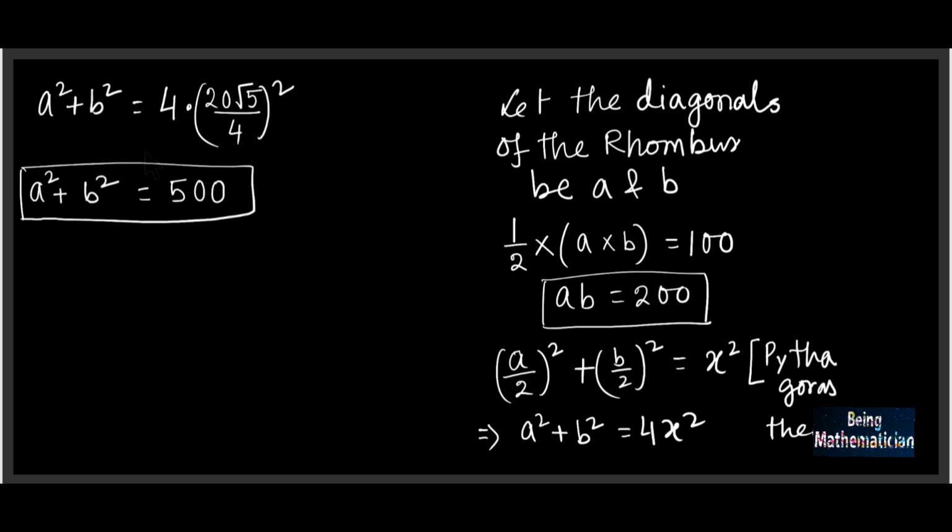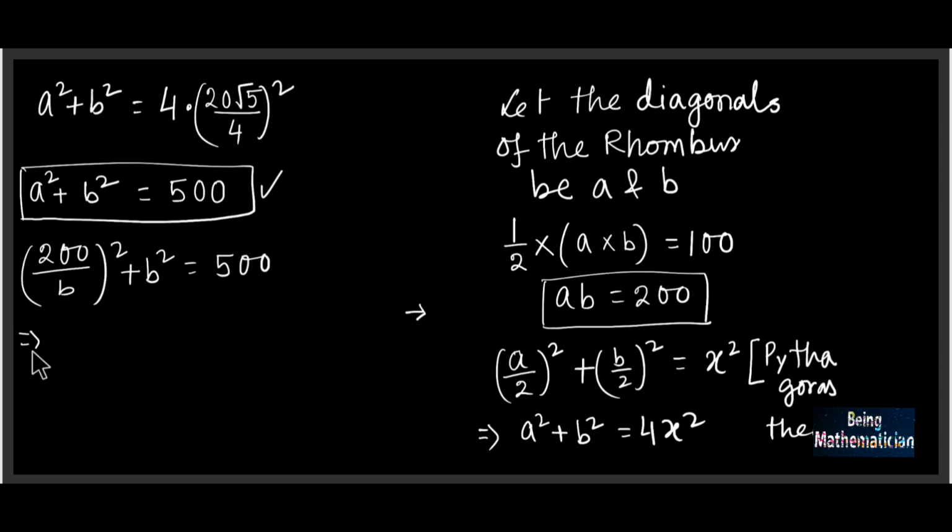Now we can solve this and this equation. AB equal to 200, and now we can say by these two equations (200 by B) whole square plus B square is equal to 500.